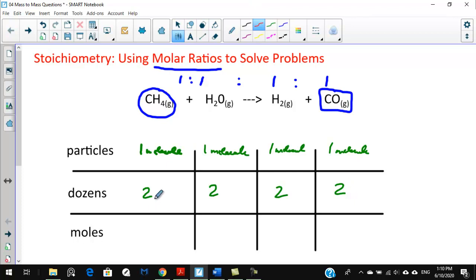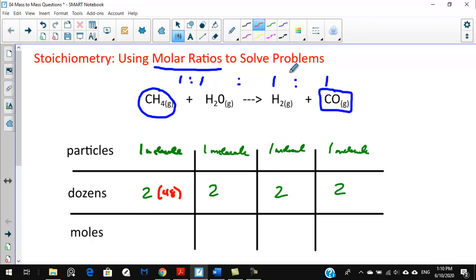We know really 24 is 48 molecules. So if you're going to use up 48 molecules of methane gas, you're going to need 48 of this water, and then you're going to make 48 of each of the other ones. It's always a 1-to-1. Whatever happens to one of the reactants or products will happen to the other in this equation because the ratios are all 1-to-1-to-1.